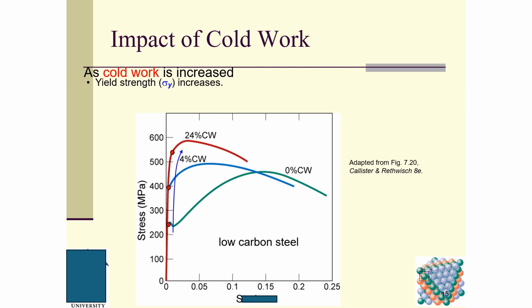You can see yield strength increases and tensile strength increases. Also, ductility decreases. Ductility and strength are two competing properties. For a ductile material, the strength is usually low, and for a strong material, the ductility is usually low.